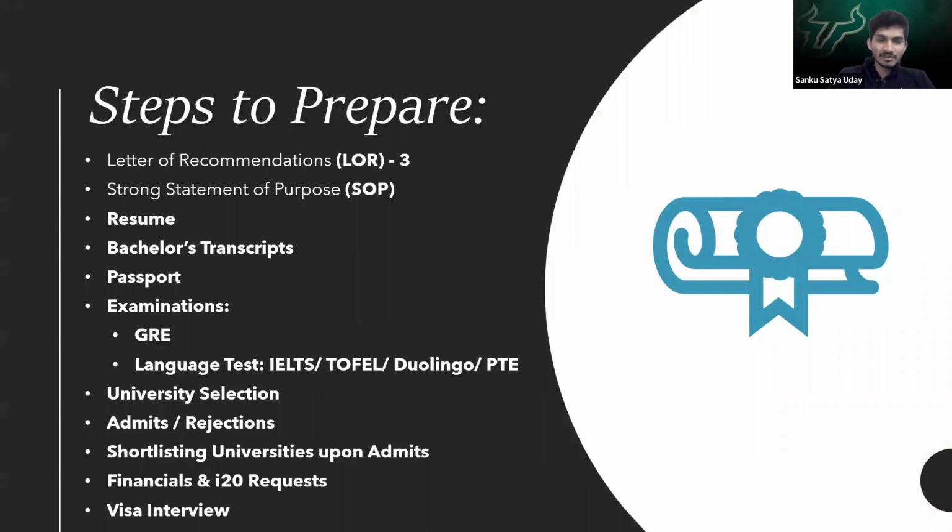And coming to the steps to prepare for a master's degree in computer science, you should have 3 letters of recommendation, and importantly a strong statement of purpose is required, and the resume and the bachelor's transcripts until what you have, and also the passport.